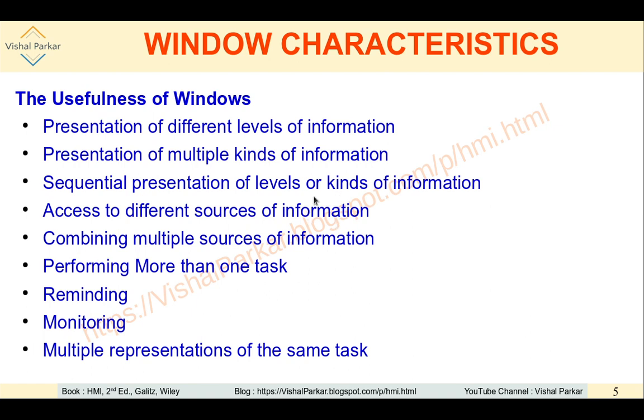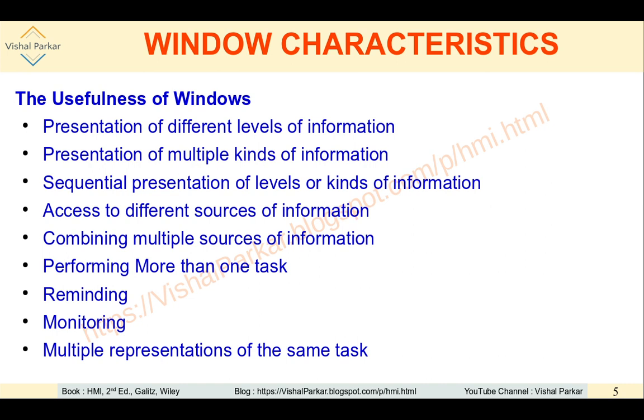Imagine a content management system wherein a student is to register, wherein the username and password of the student may be collected in the first step. Then the personal details of the student may be collected in the next step, and the third step may be collecting the academic details of that student. So different windows, step by step, will come and collect those information details.